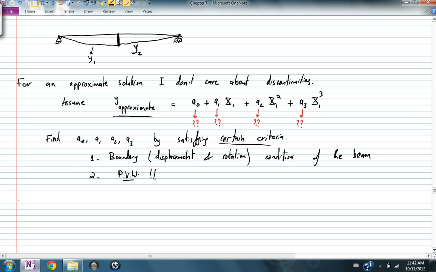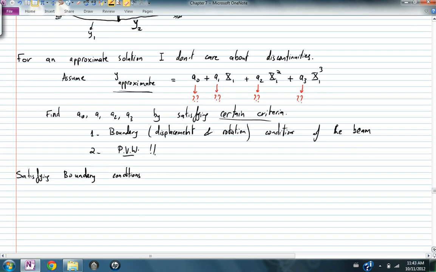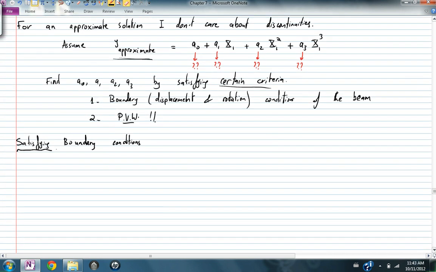So first, satisfying the boundary conditions. To satisfy the boundary conditions, first we say at x1 equals 0, I have the displacement equals 0.